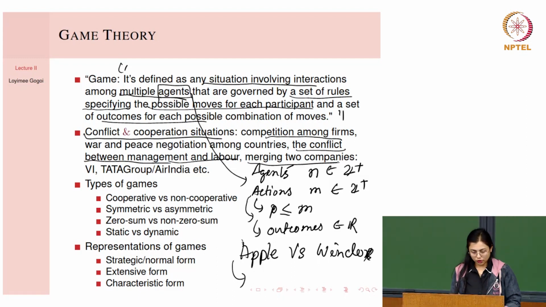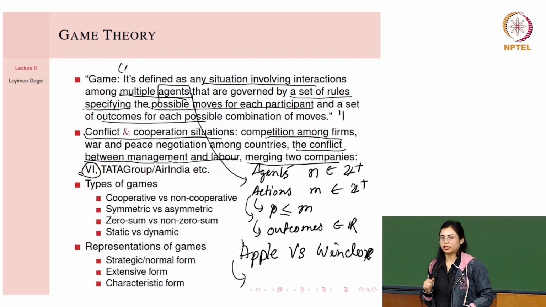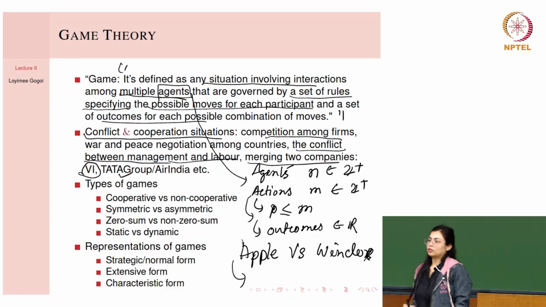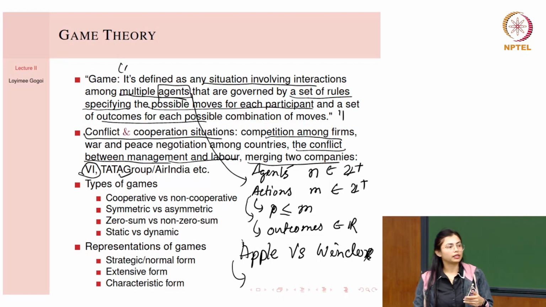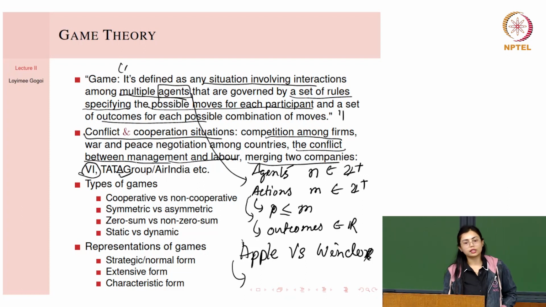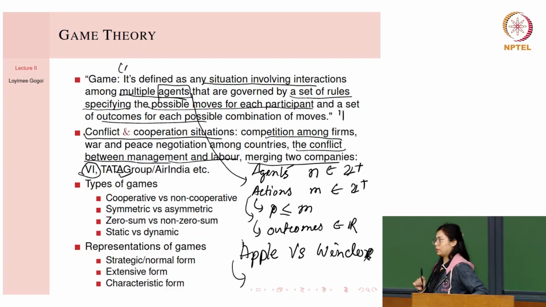For example, you probably know about Vodafone and Idea merging, they merged together. And then the Tata group: Air India was facing a lot of crisis and during COVID it became worse, so after that the Tata group, Ratan Tata, bought it. Probably you know about it, right?